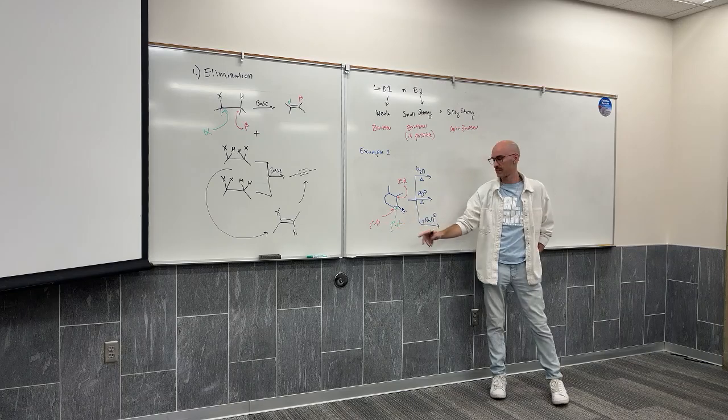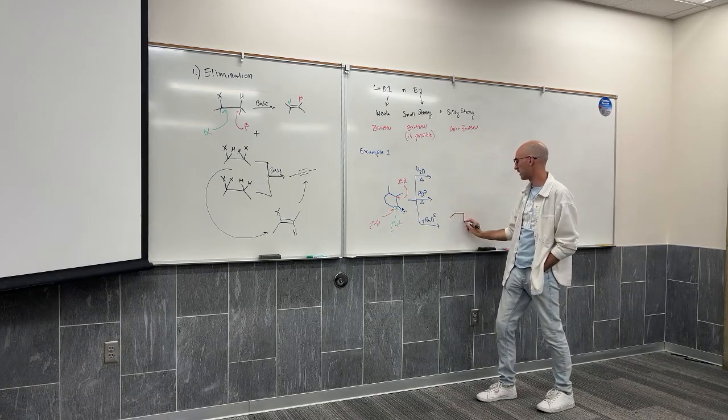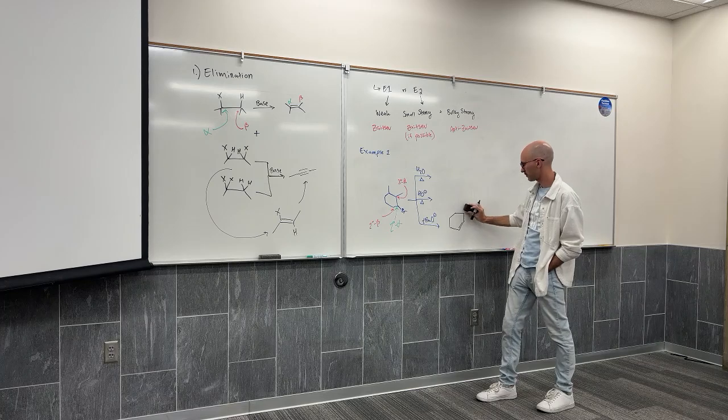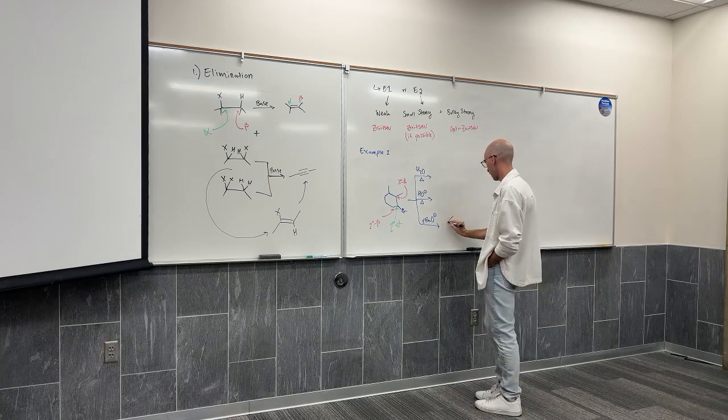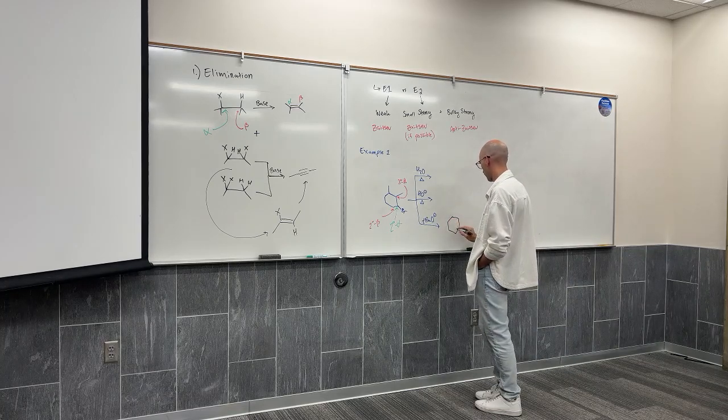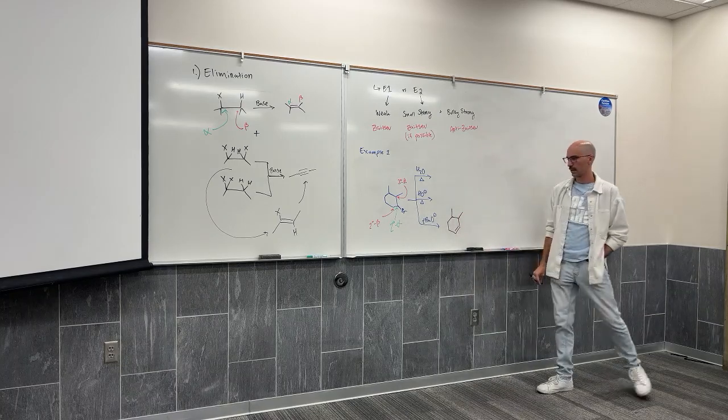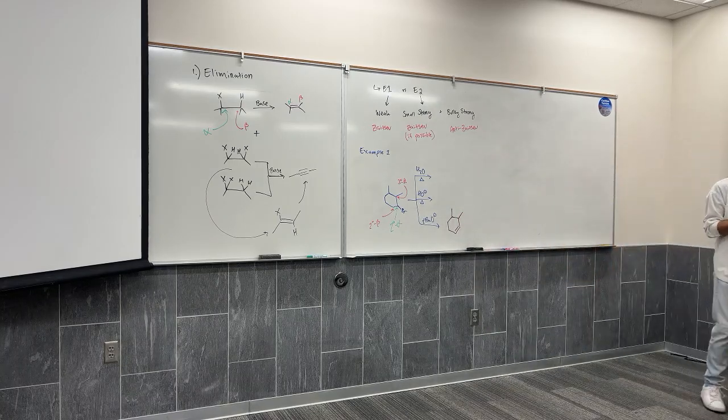Beta. So here's the product that I get with tert-butoxide. That's 3,4-dimethylcyclohexene. Tert-butoxide has eliminated a hydrogen from the least substituted position.